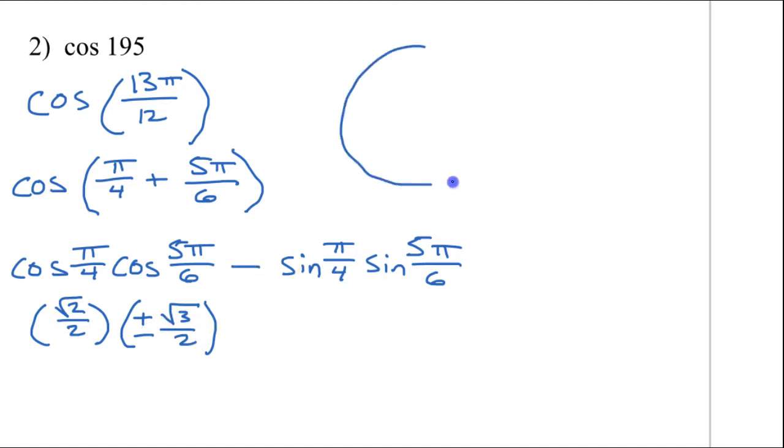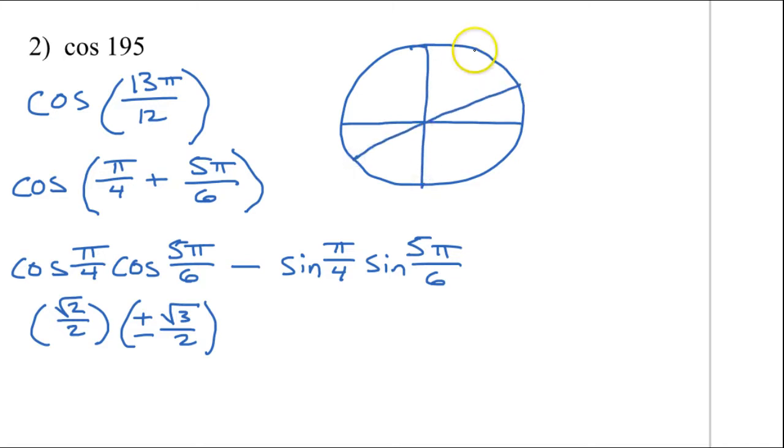So here's a diagram for you. We're talking about a reference angle of pi over 6. So here is a diagram of pi over 6. We're talking about 5 pi over 6.